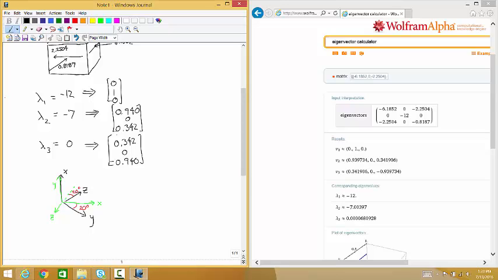So if we use a calculator like that, is it guaranteed, or do we still have to check? I think my calculator does not necessarily give you a right-handed coordinate system, so you have to be careful. One of them's goofy like that.